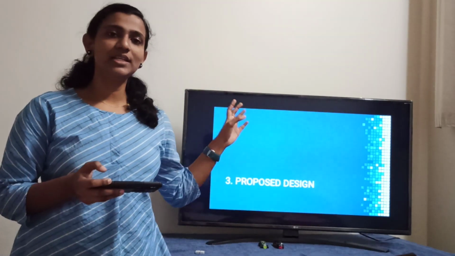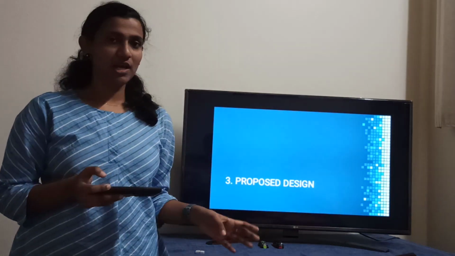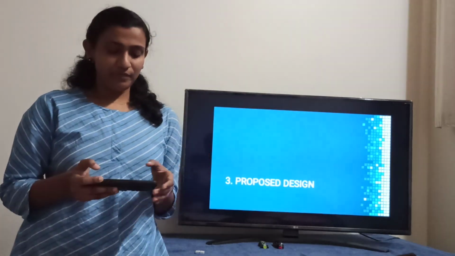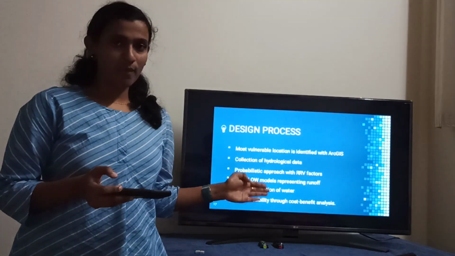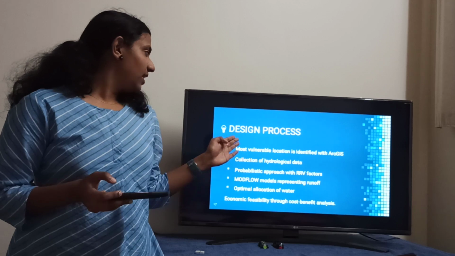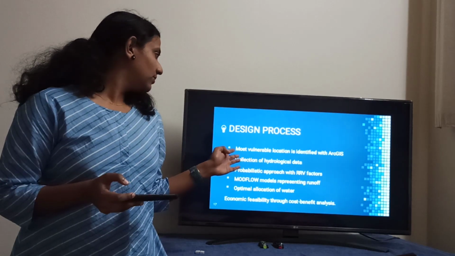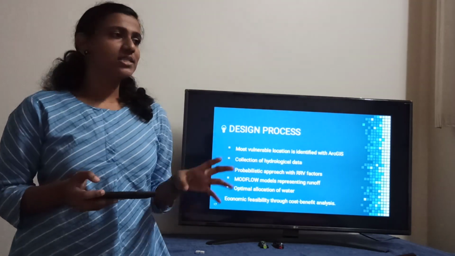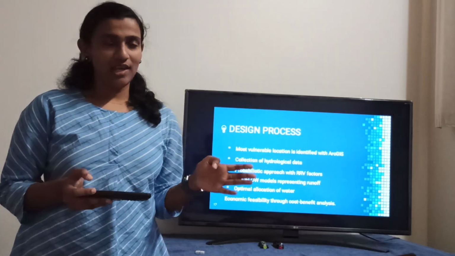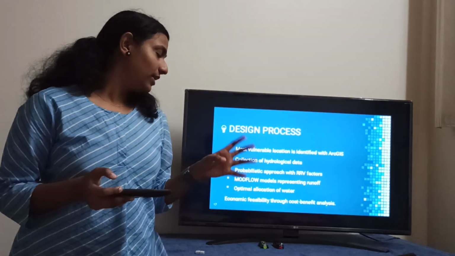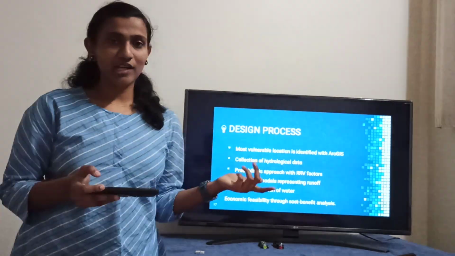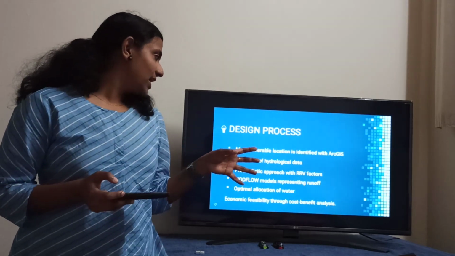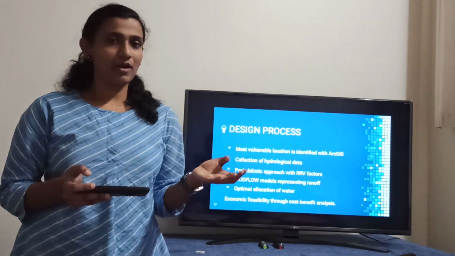By combining all these technologies, I have proposed a new design. These are the design processes. The design was initiated with the selection of a location that is more vulnerable, that is the most contaminated area in Australia. It was identified with the use of ArcGIS software. After that, hydrological data were collected from a meteorological observatory.